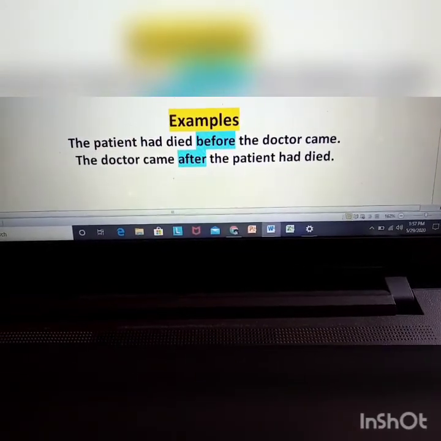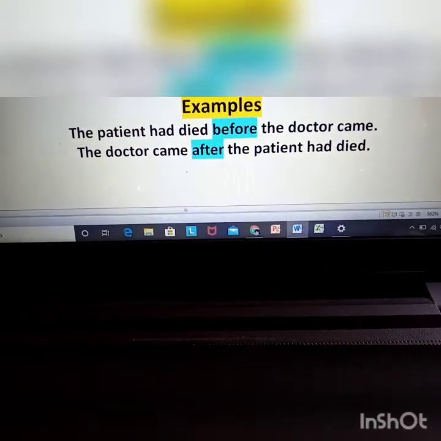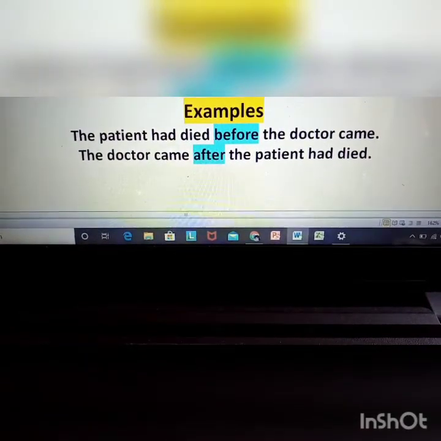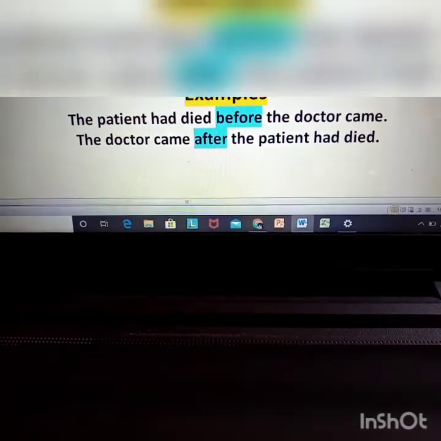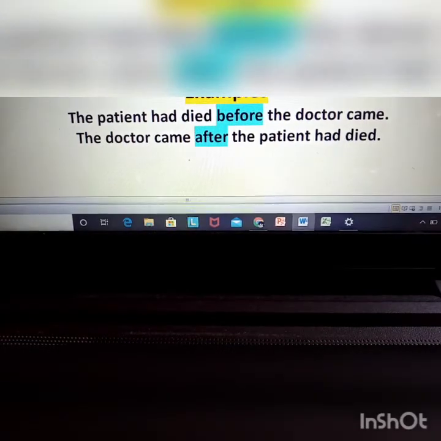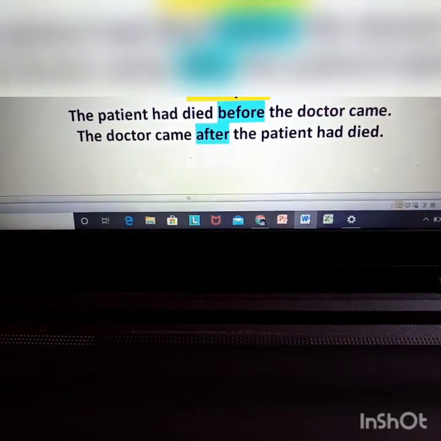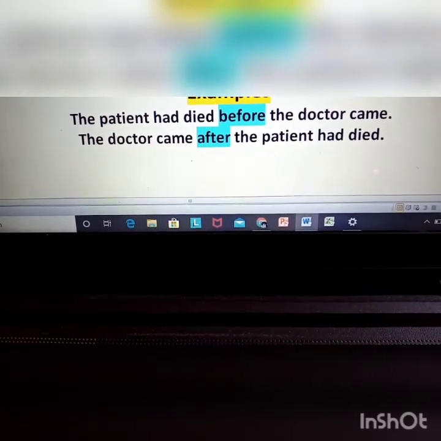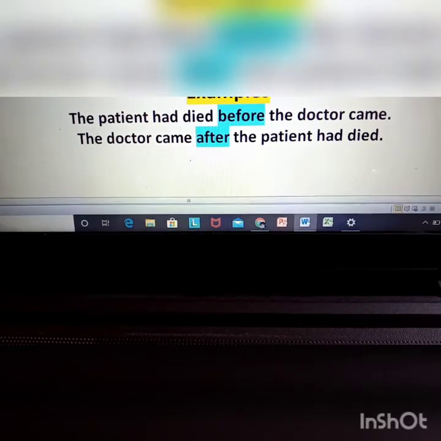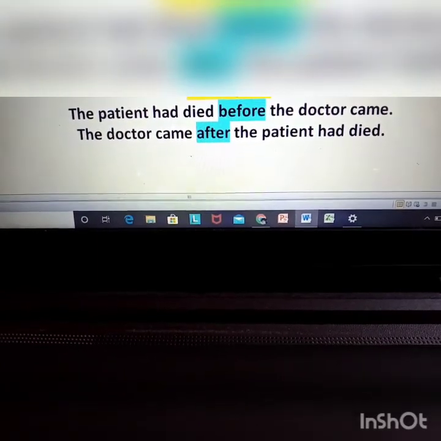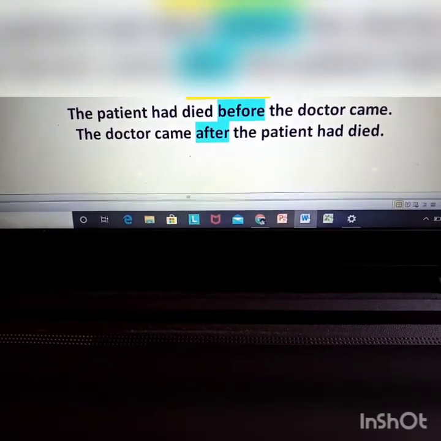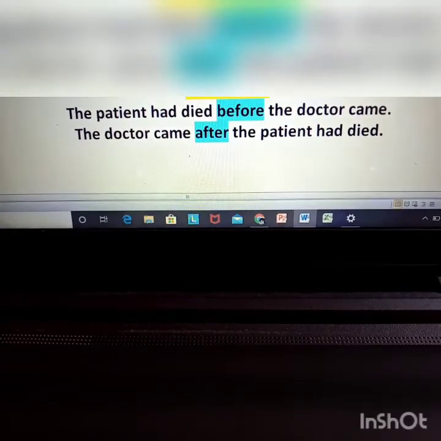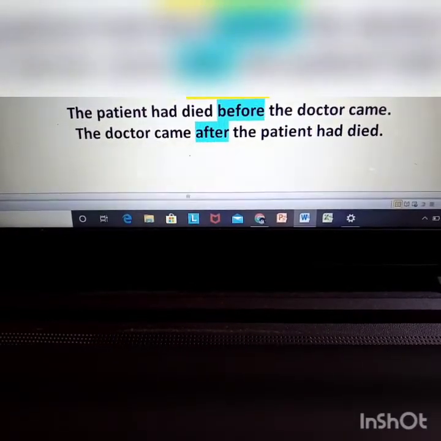So in the example we can see: the patient had died before the doctor came. The patient had died, this action occurred first. That's why this is in past perfect tense, and the doctor came occurred later. That's why it is in past indefinite tense.